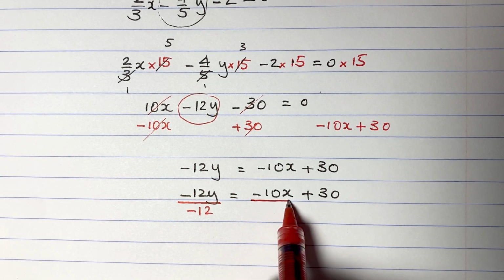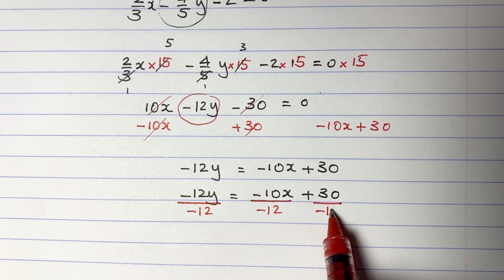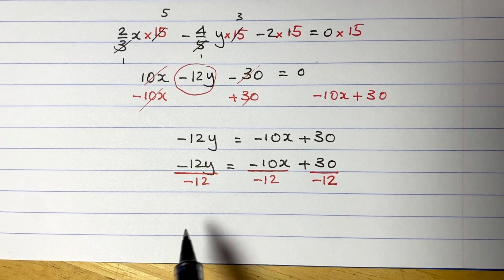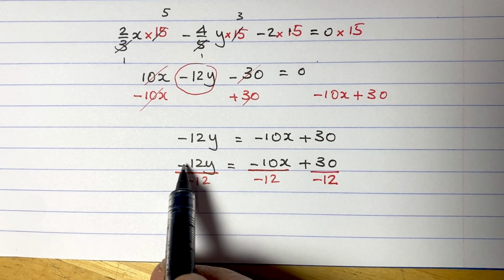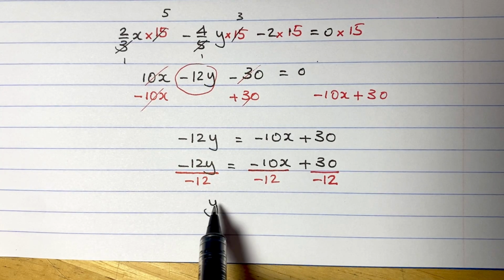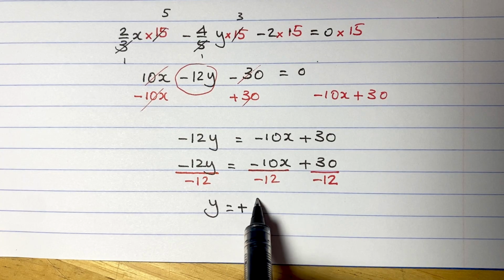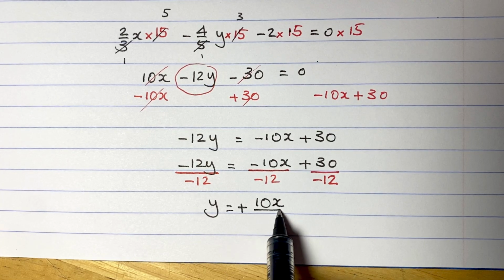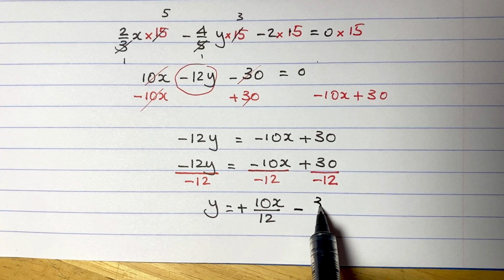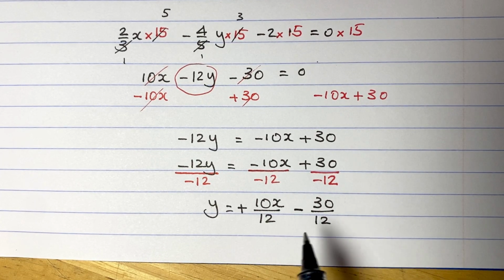So I have to do that to each term of this equation. Here, minus divided by minus is plus, 12 divided by 12 is 1y. Minus divided by minus is plus, 10x over 12. Plus divided by minus is minus, 30 over 12. If I can simplify, I simplify.